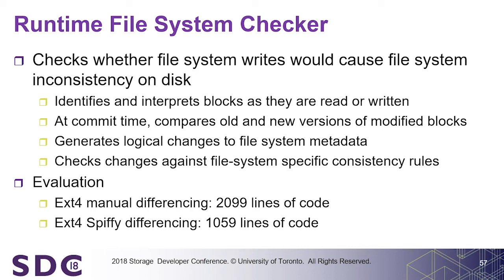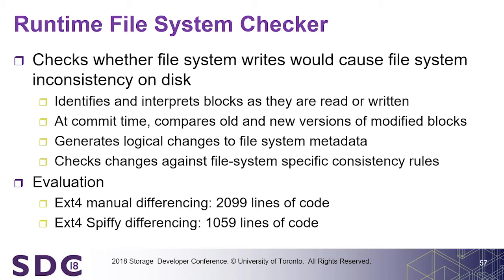For example, to create a new file in ext4, a new inode is allocated inside an inode block. A bit is set in the inode bitmap block, and a new directory entry is added to one of the parent directory's directory entry blocks. With support from Spiffy, generating logical changes requires significantly less file system specific code.